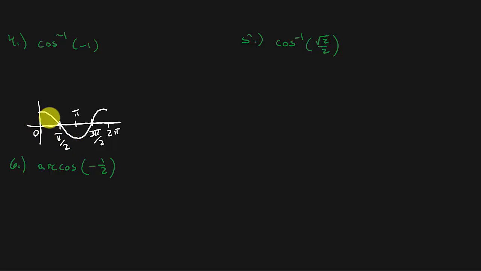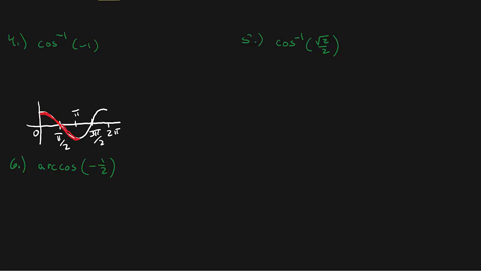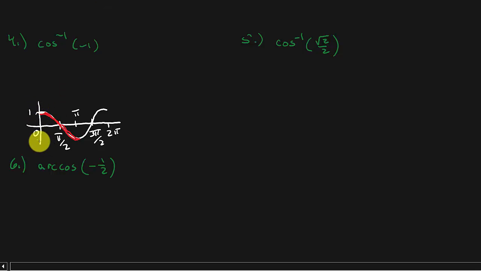But keep in mind, the only thing we're concerned with here is from 0 to pi. So where's cosine -1? Remember, this is 1, this is -1. So you see here at -1, that's pi. And that's your answer.